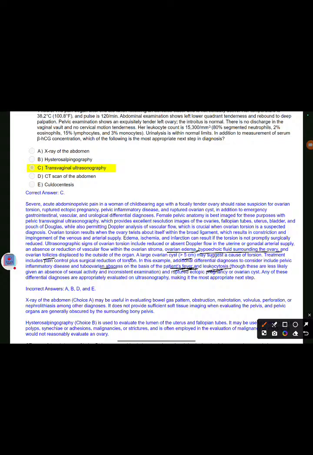Also considered are ruptured ectopic pregnancy or ovarian cyst. Any of these differential diagnoses are appropriately evaluated on ultrasonography, making it the most appropriate next step.